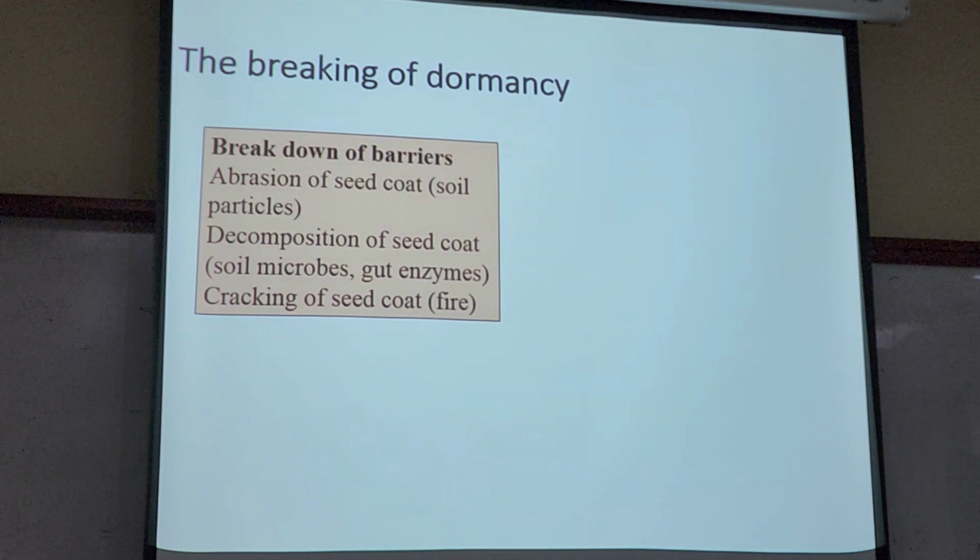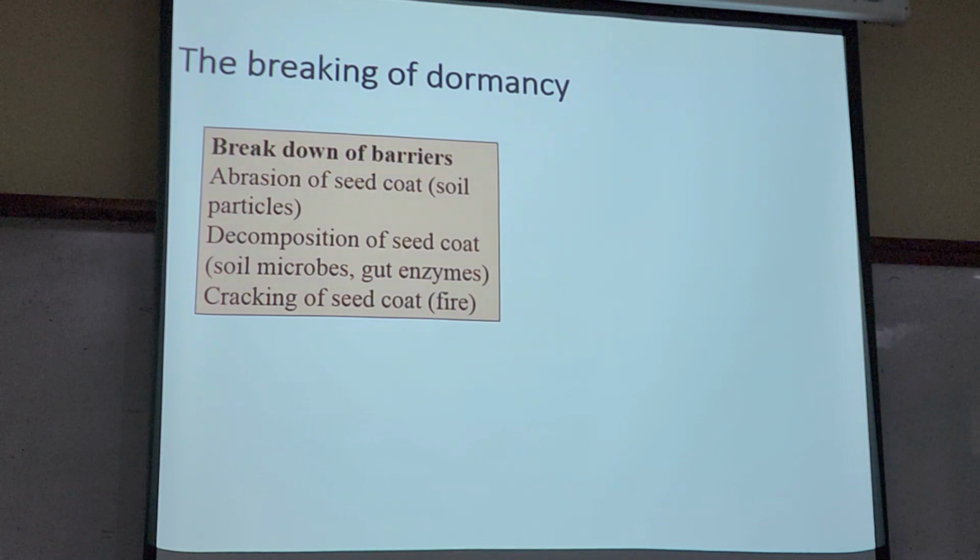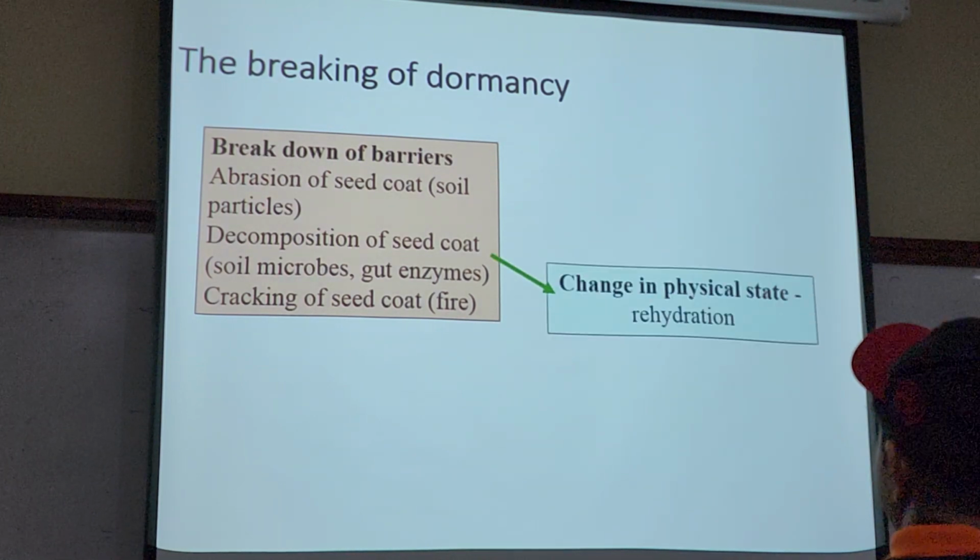So in many cases, you need to do deliberate injury to the seed coating or the testa, the seed jacket, so that there is a rush of oxygen into the seed as well as water. And then it can also be achieved if the seed is in the soil with the presence of various microbes to decompose the seed to a certain degree, and the water imbibition can take place, right?